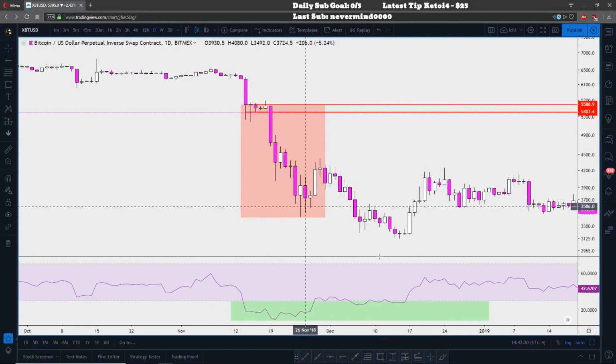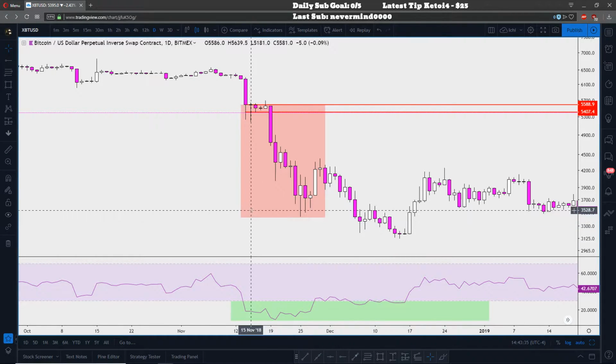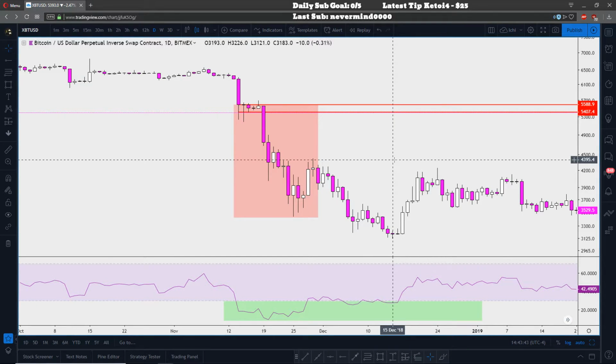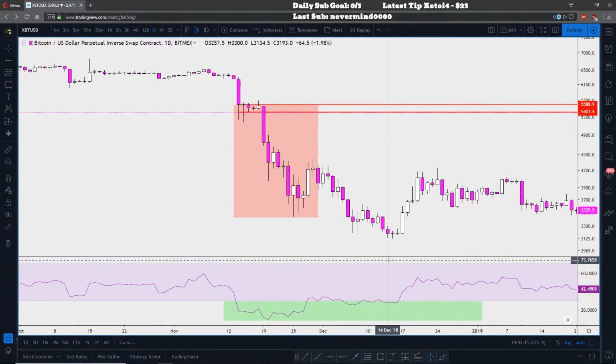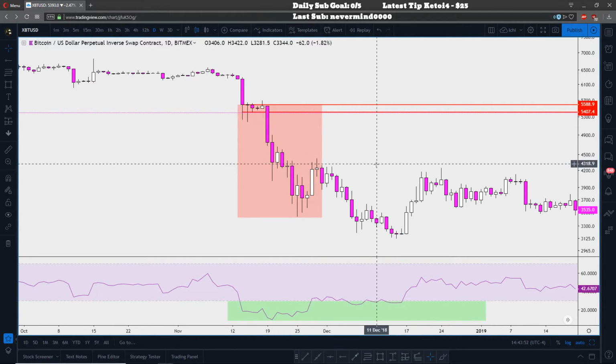The river is flowing downward very heavily. If you're trying to take longs, you're literally paddling against a river that's flowing against you extremely strong. And same for vice versa. If it's overbought and you're trying to take shorts, you're paddling against a very strong river.